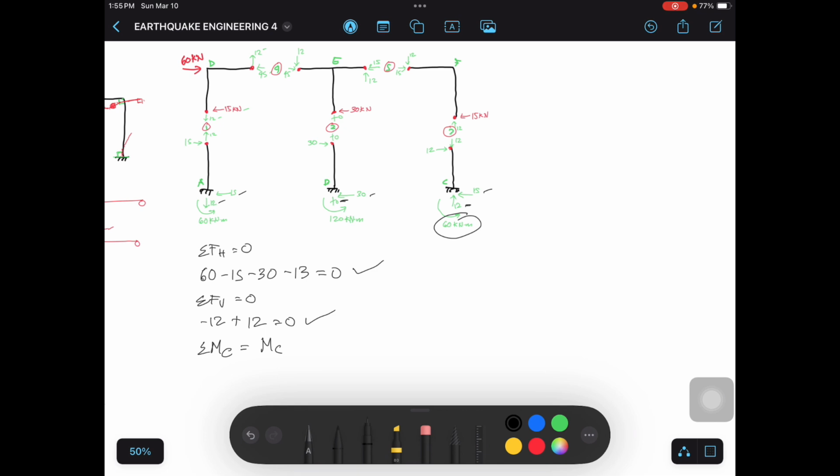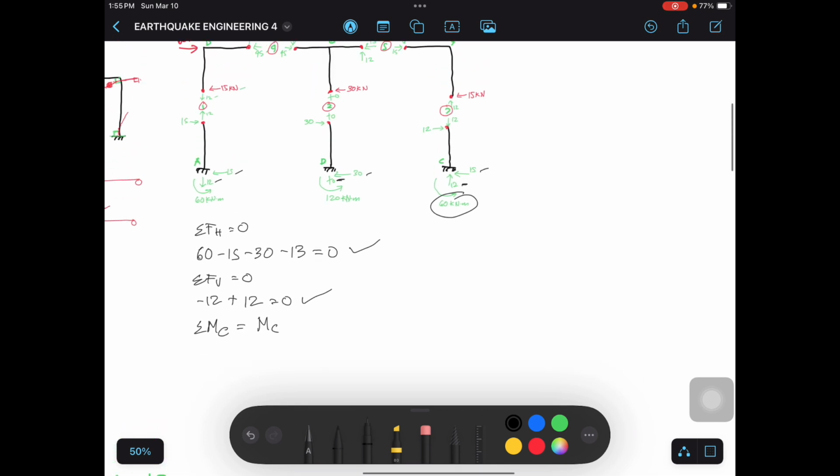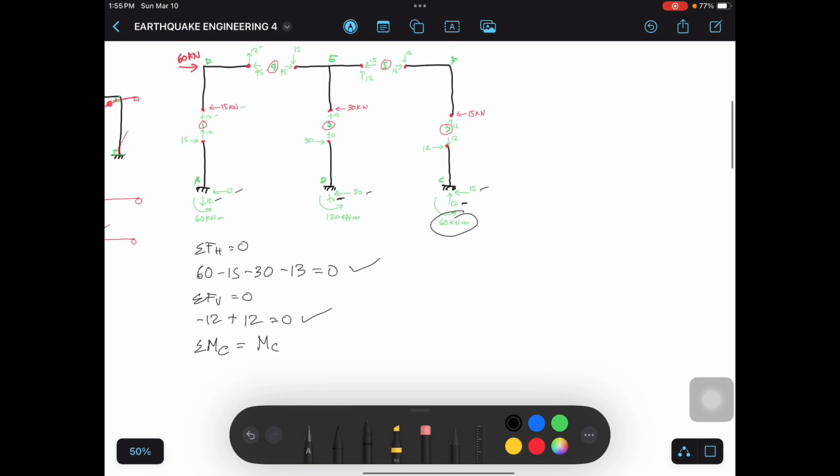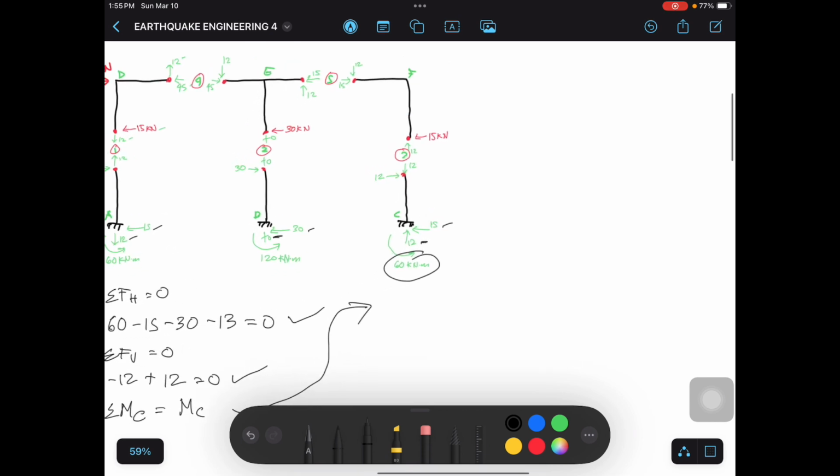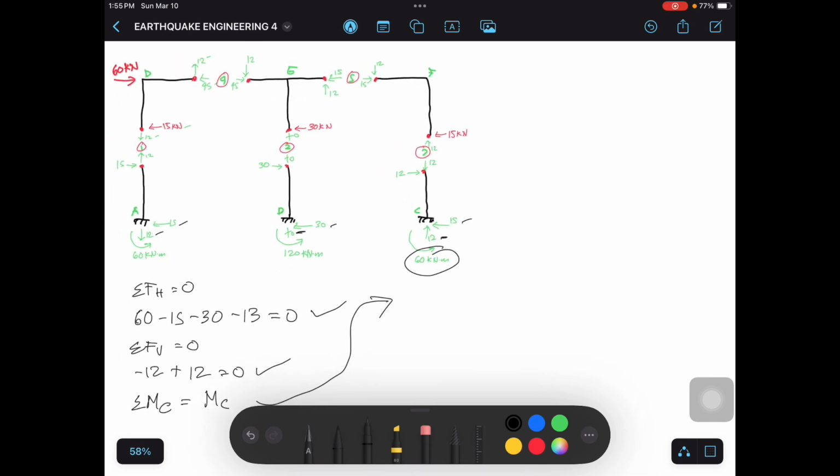So dapat pag nag-summation tayo, should be C. So ano-ano yung mga mag-cause ng moment? Lagay na lang natin dito para kasya. Nandito yung reference point natin, C. Doon tayo magpaparotate.